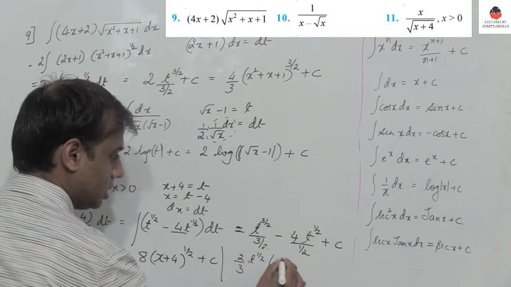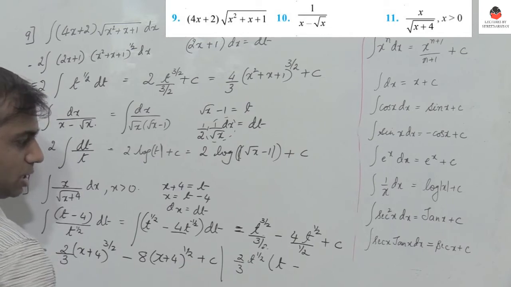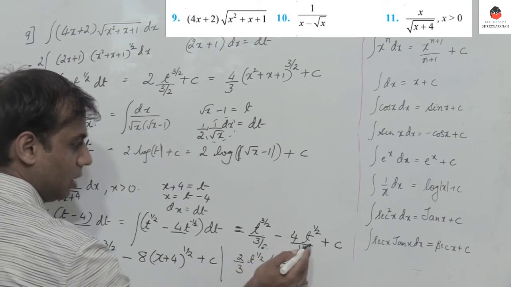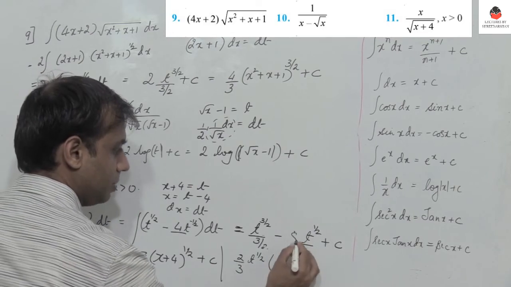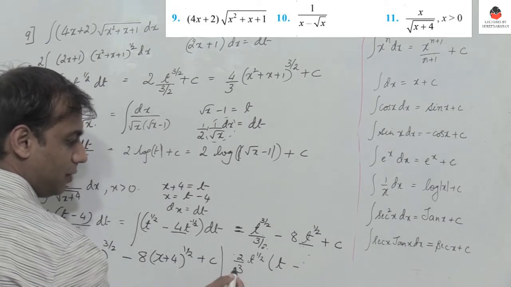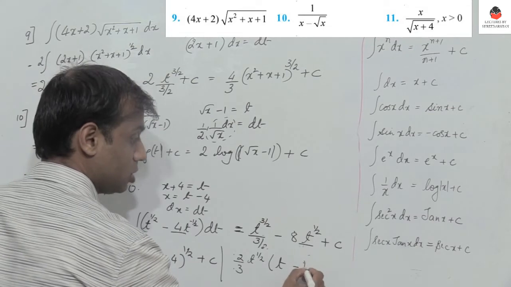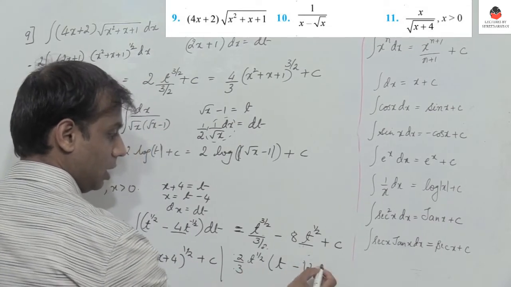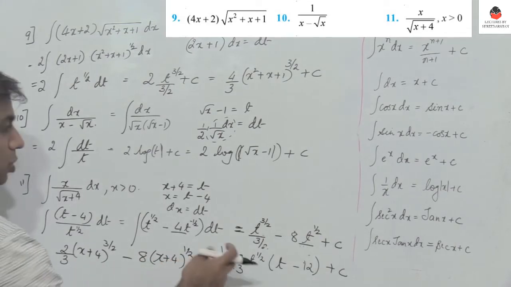So if I take 2 by 3 common outside, this is 8 t power half, right? So I have taken 2 outside, you get 4. I have taken 1 by 3, so you have to multiply 4 by 4 with 3, which is 12, right? Plus c.